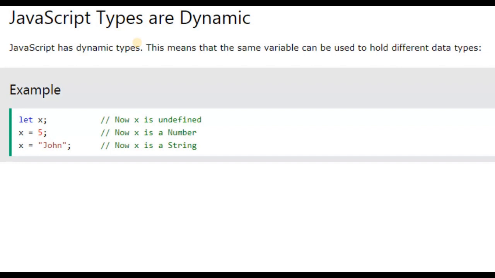For example, let x; now x is undefined. Later x = 5, so now x is a number. Now x = "John", so now x is a string. So the same variable can be used for different data types.